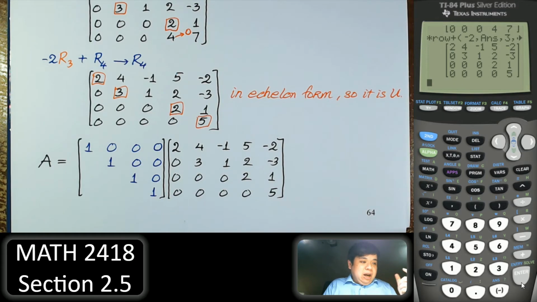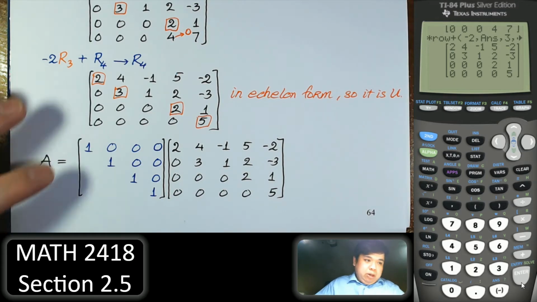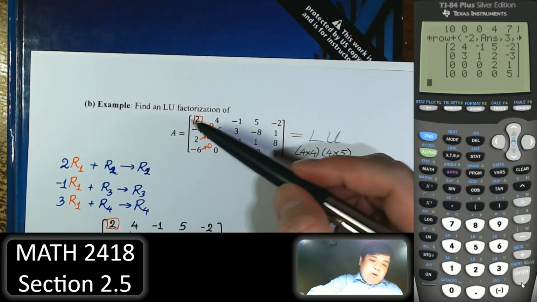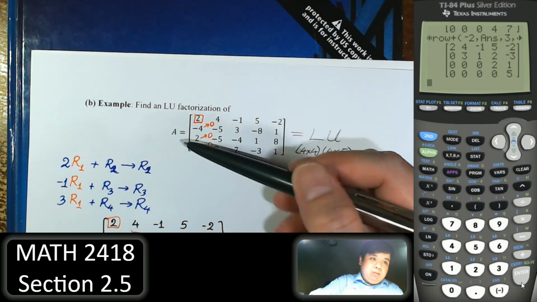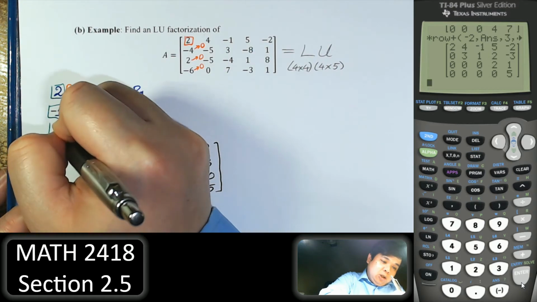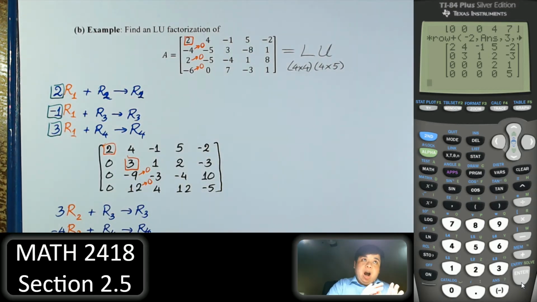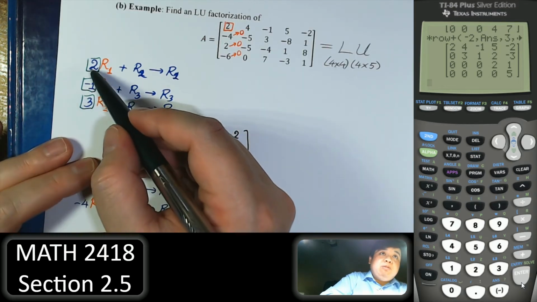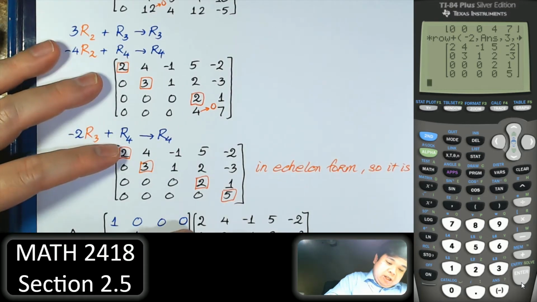Well, those are the numbers that we used earlier. It's going to be there. Notice that for the first pivot, the first column, we use those three numbers. So we're going to put those three numbers, but they have to be opposite to it. So I'm going to have -2, 1, and -3.